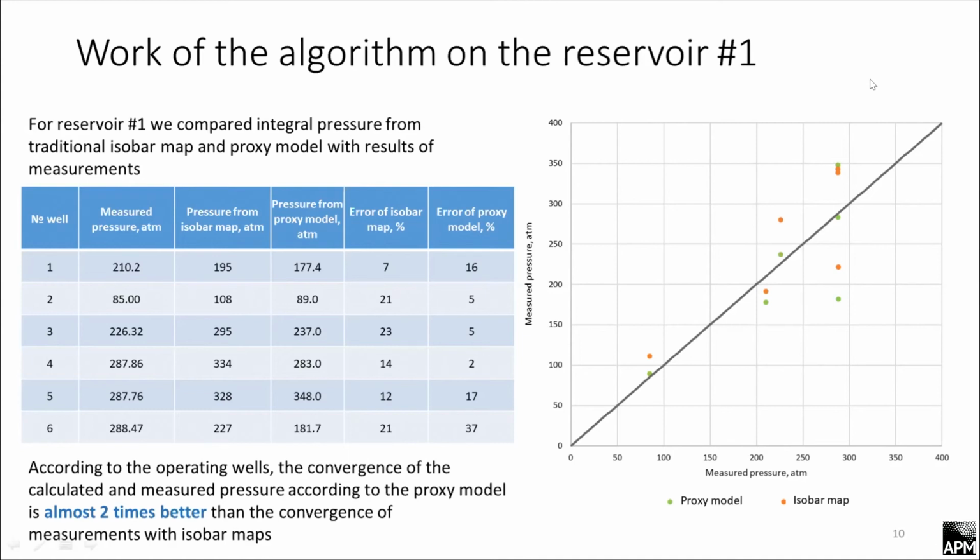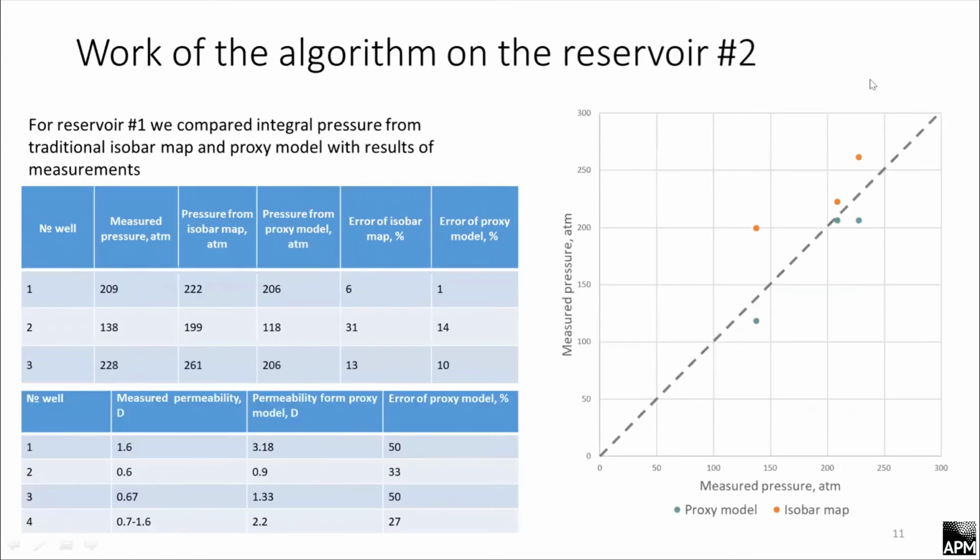So the model itself can give sustainable results. And the second one, the next slide, please. The second one shows results using the information from the well tests. So how did we perform that?